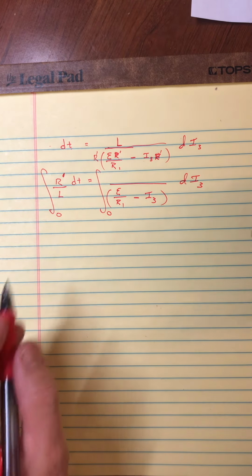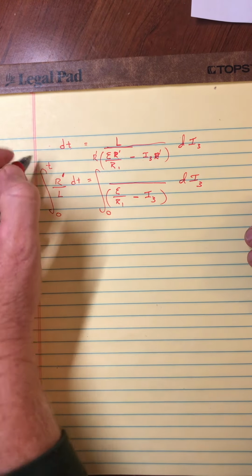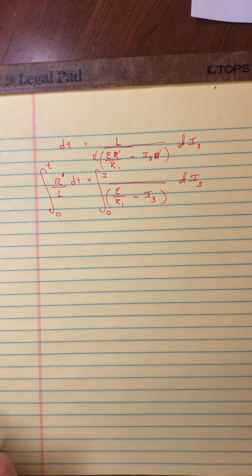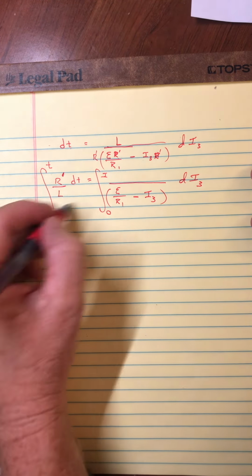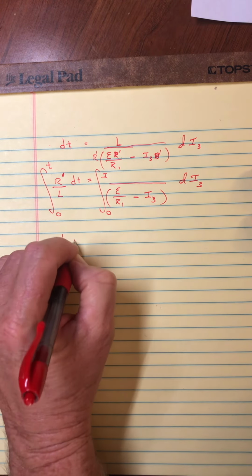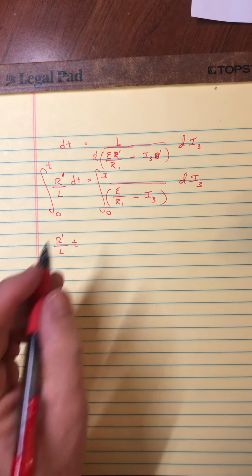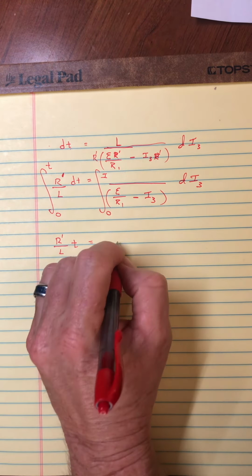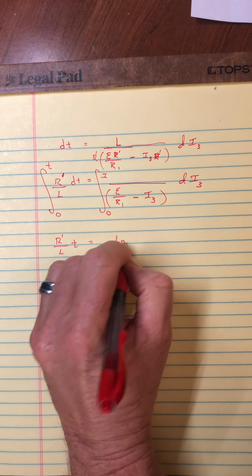And then let's integrate until time t, and we'll call it current I. All right, so this side's pretty easy. This just becomes R prime over L times t. And this is the one that would be a natural log.